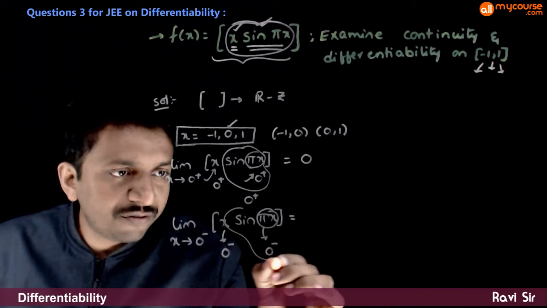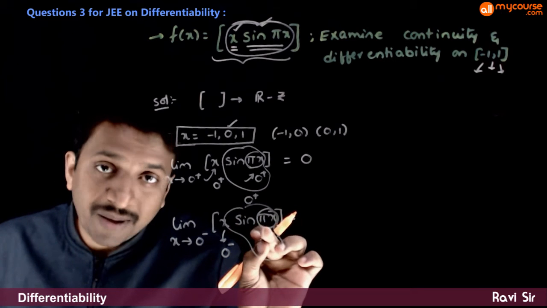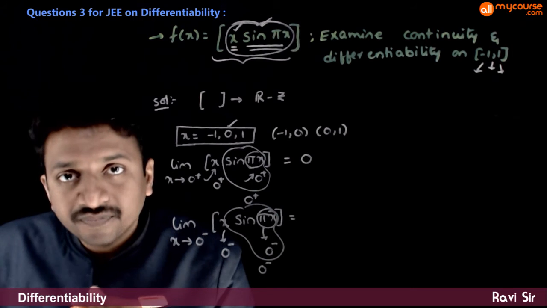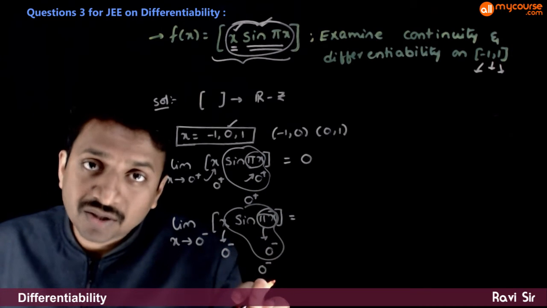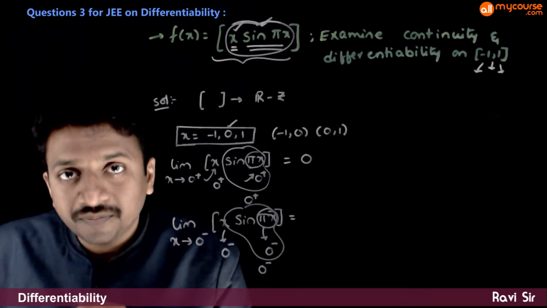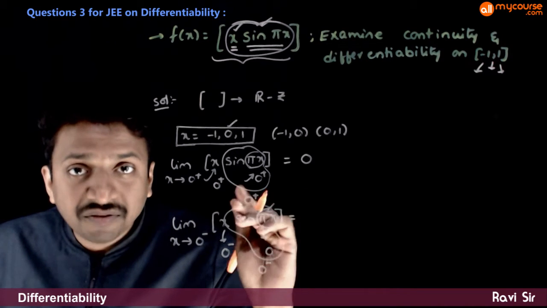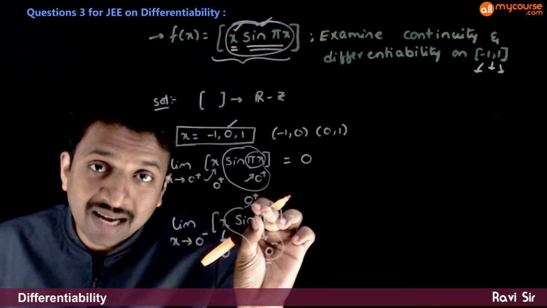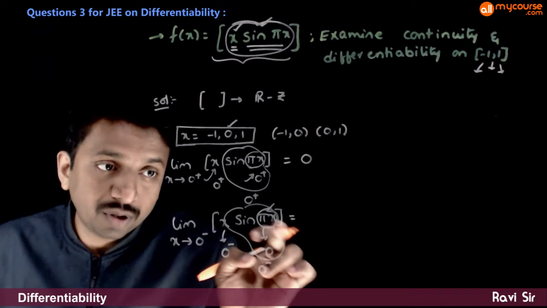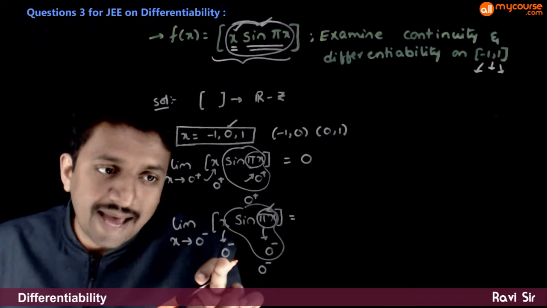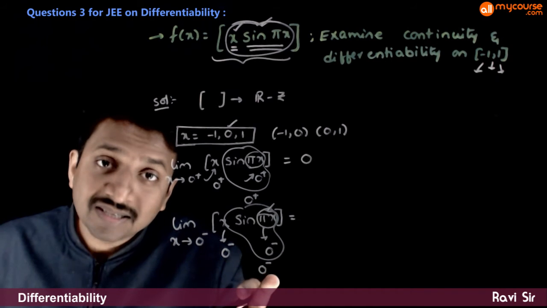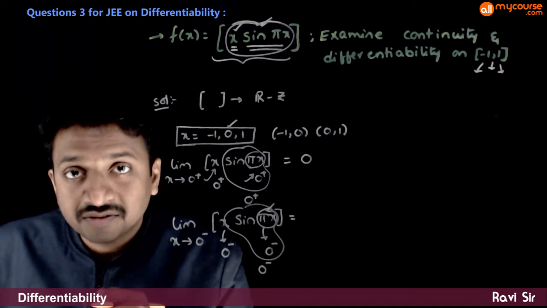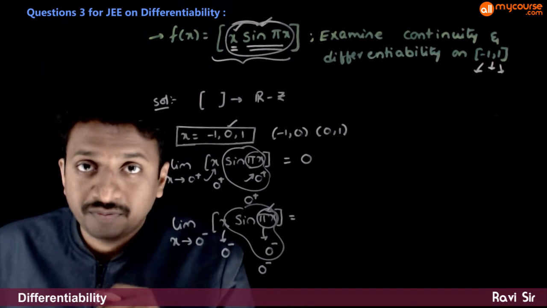Because pi x is slightly negative, pi x is an angle in the fourth quadrant, and in the fourth quadrant, sine is negative. So as x goes to 0 minus, sine pi x also goes to 0 minus. When you multiply two negative numbers, you get a positive 0.